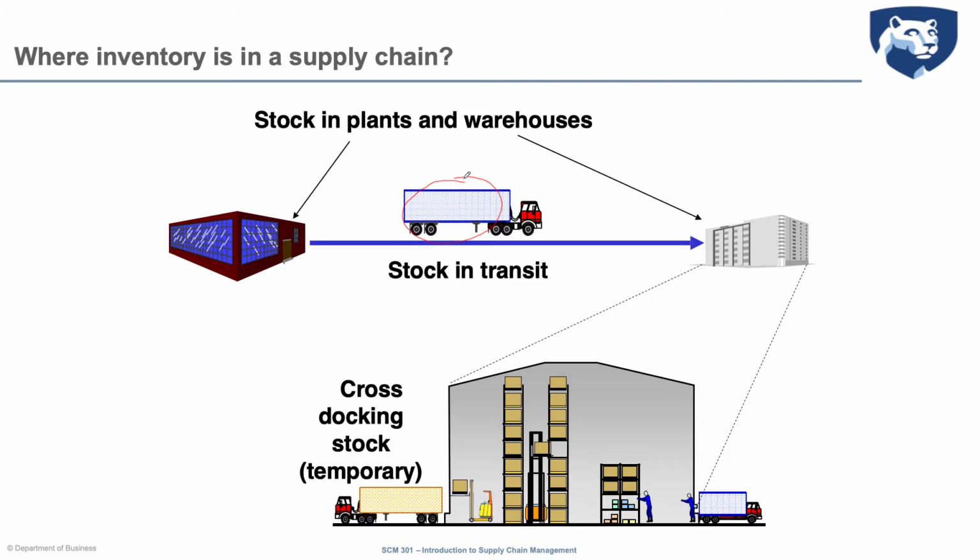We will see that when we deal with distribution, but remember that stock and inventory can be temporary, so the value can be temporarily stocked or permanently stocked in a distribution center.